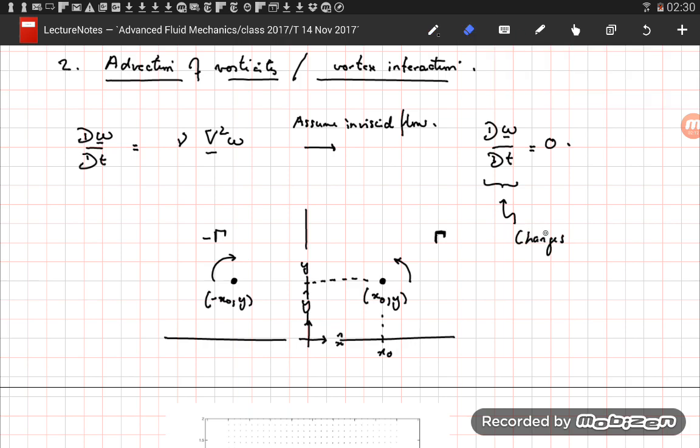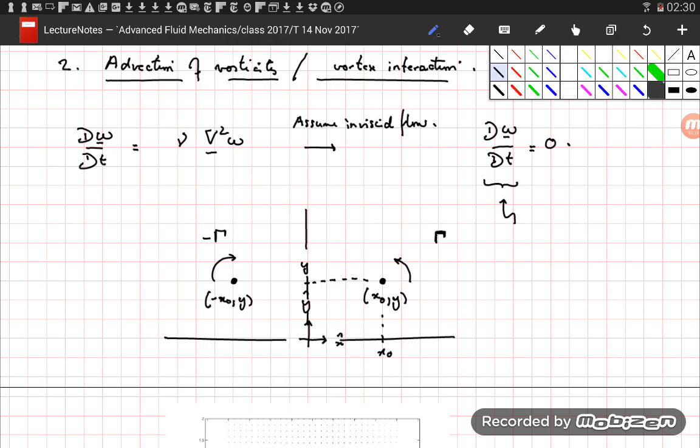This tells you how omega varies as you follow a material element, and therefore this equation simply says that the vorticity doesn't vary when you follow a material element. So in other terms, the vorticity is simply advected.